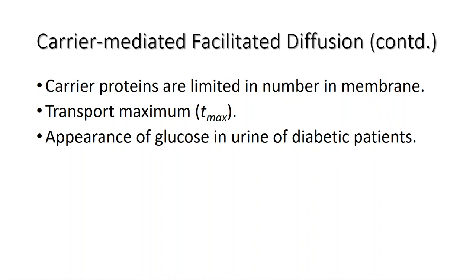Because there are only a finite number of carrier proteins for glucose, when more glucose is present than the proteins can handle, the excess is not transported. Rather, it is excreted from the body in the urine. Hence, in a person with diabetes mellitus, this is described as spilling glucose into the urine.